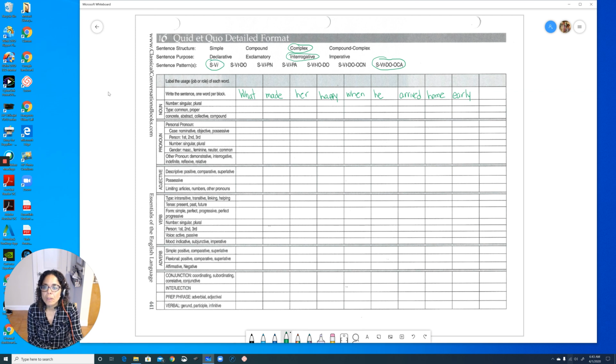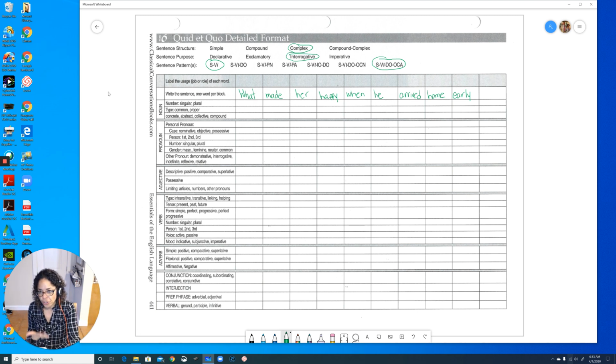Okay, so what made her happy when he arrived home early? Let's go ahead and write our usage on top here in this gray. Our independent clause is what made her happy, these first 4 words, and our dependent clause is when he arrived home early.